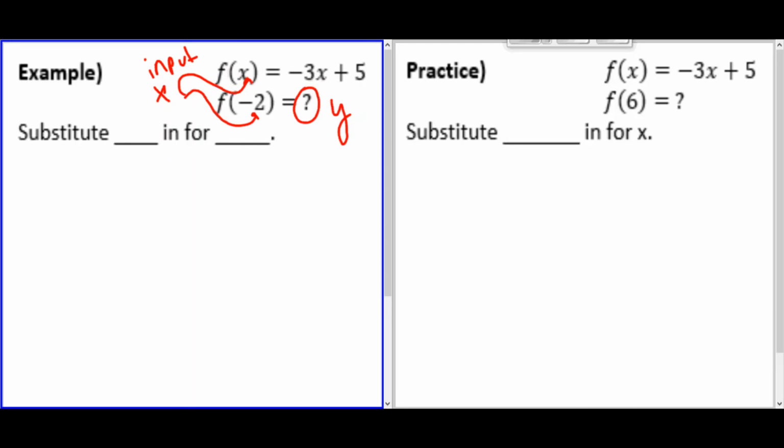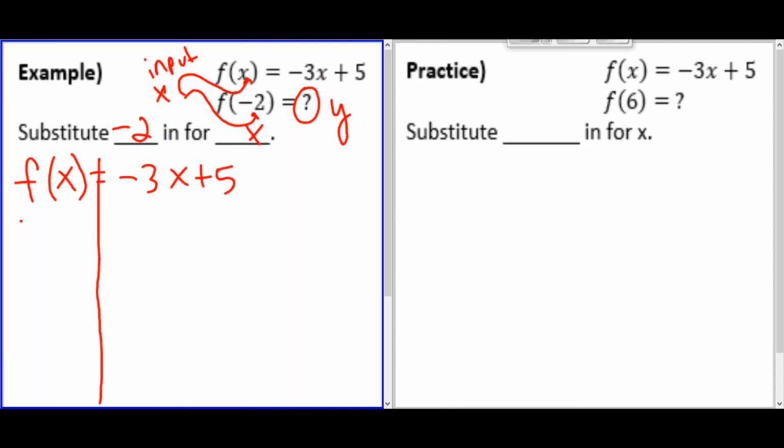Okay, so we're substituting -2 in for x. So we're plugging in for my input. So this will say f of x equals -3x plus 5. You can go ahead and draw the line. So I'm putting my input as -2.